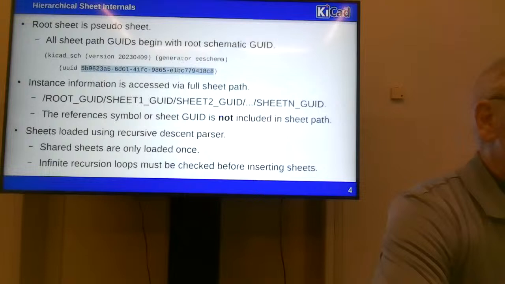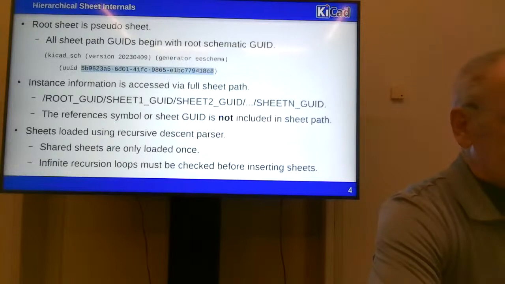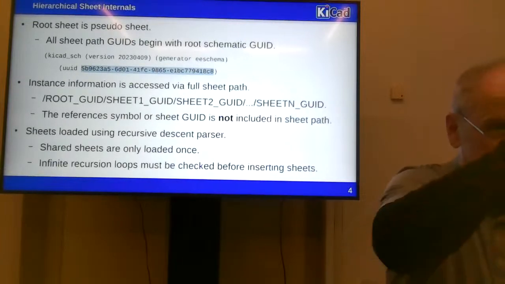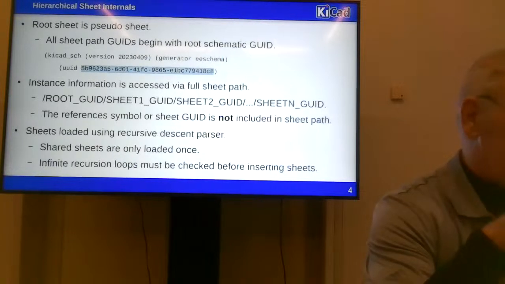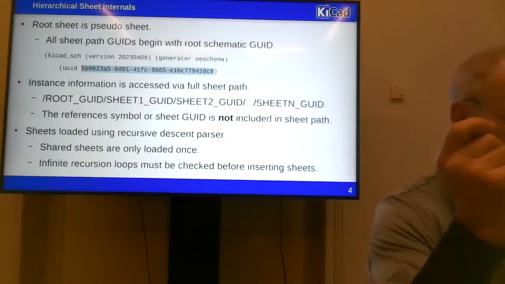Okay. So one of the things that is interesting about KiCad is sheets are loaded using a recursive descent parser. So as each schematic file is loaded, as it walks up and down the tree, if it finds a file that's already been loaded, it doesn't load it again. It just creates a pointer back to the file that's already loaded.